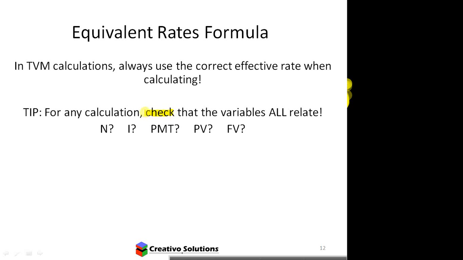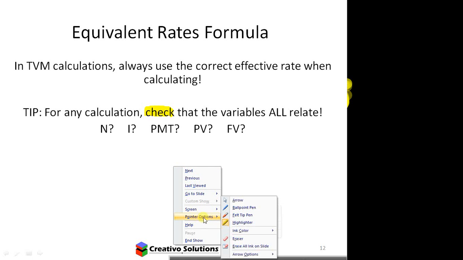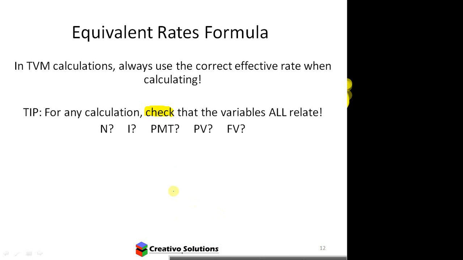So what must I always do? I need to check variables. I need to check that all the variables are the same. Which variables do I check? Do I check the N, the I, the payment, the future value, or the present value? Yes, I would have to check the payment. What else would I check?